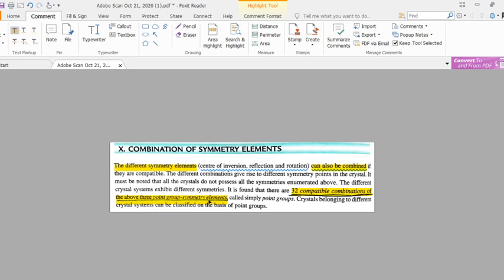So in a nutshell, there are 32 compatible combinations in point group symmetries. It could be your short questions, so try to remember this information in the back of your mind, and that is what a point group symmetry is.